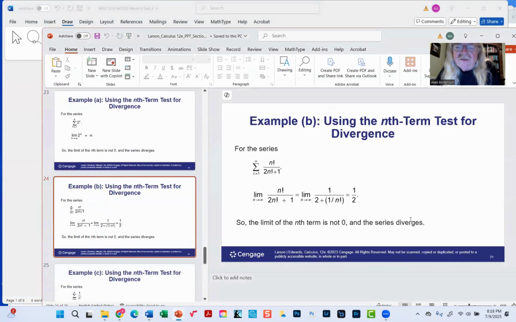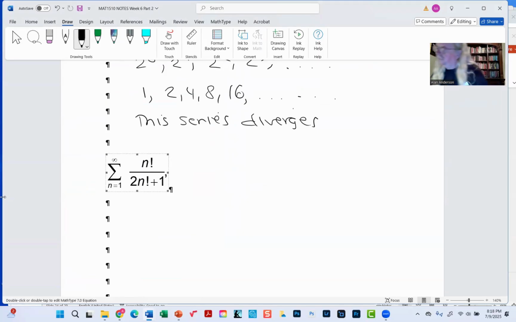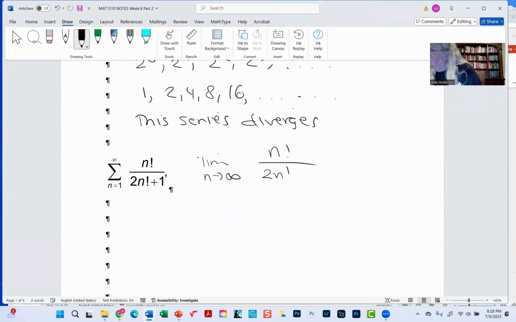Now, how about this one? This one's a little bit more challenging because they mixed in a factorial, but you may recall from Calc 1 that when you have a situation like this and we're trying to take a limit, we can go through and divide the numerator and the denominator by, in this case, n factorial.